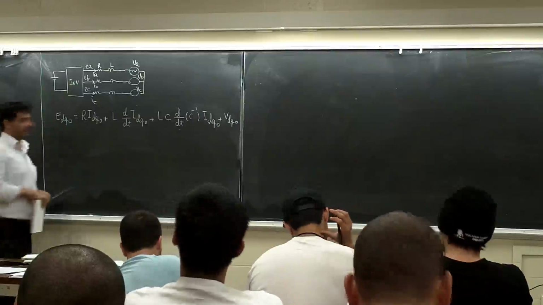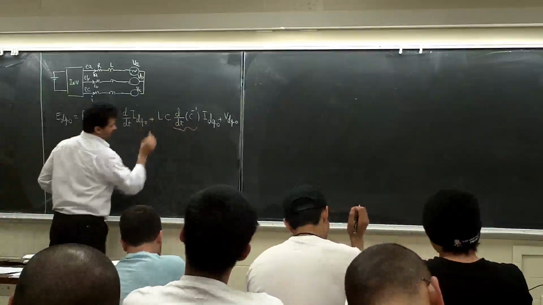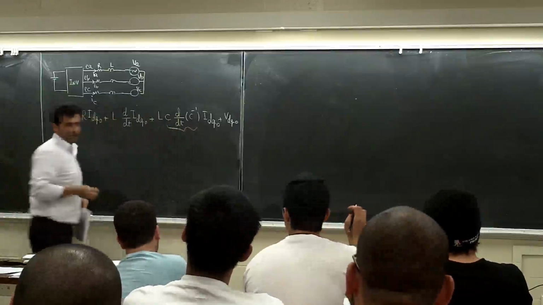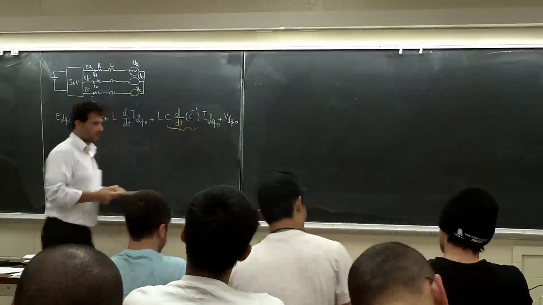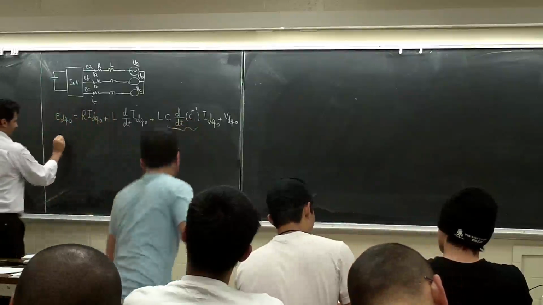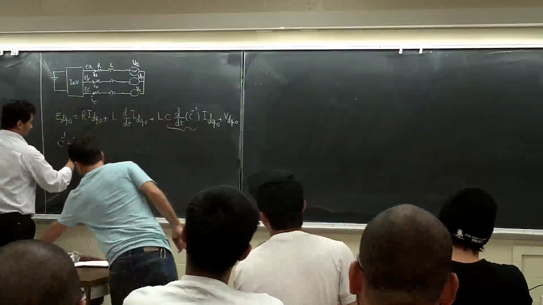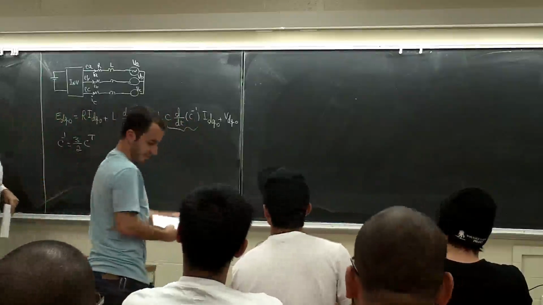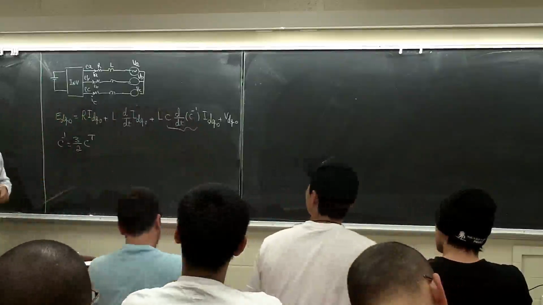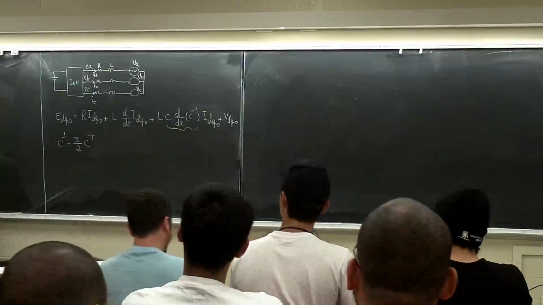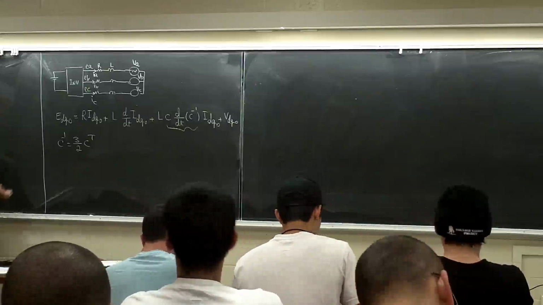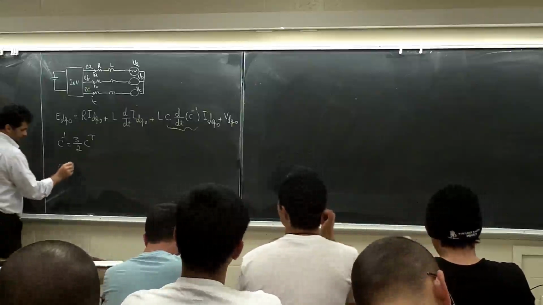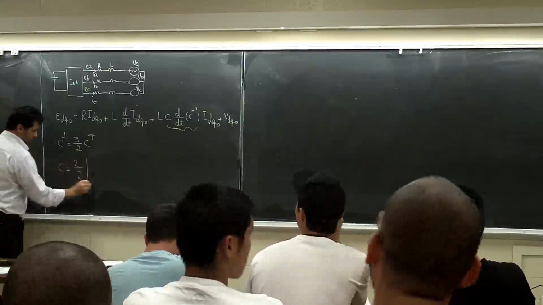Now, let's calculate this term. The rest are clear. How much is this term? We start with C inverse. So we know C inverse is 3 over 2 C transpose, right? Oh, sorry. So C inverse is a C over 2 C transpose. And what was C? I think it was 2 over 3?